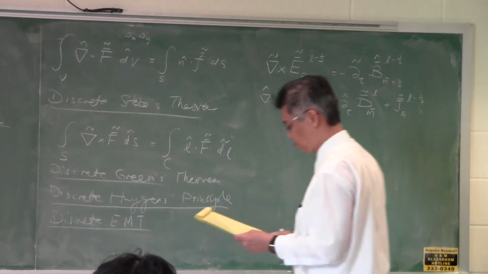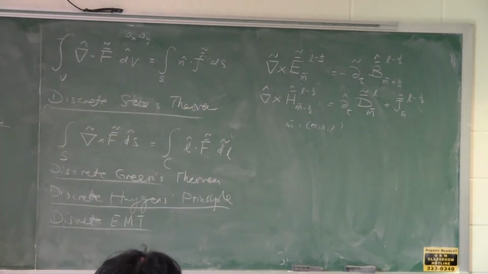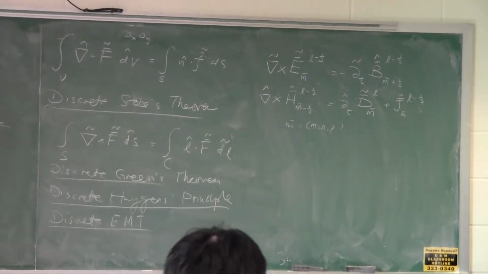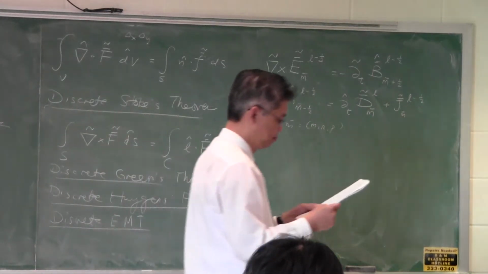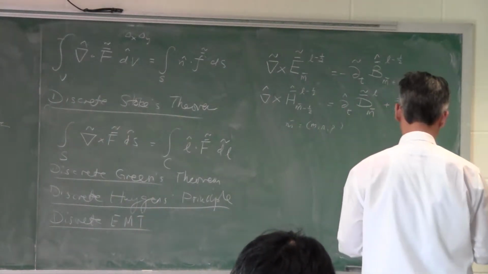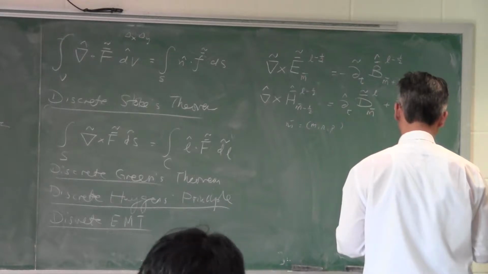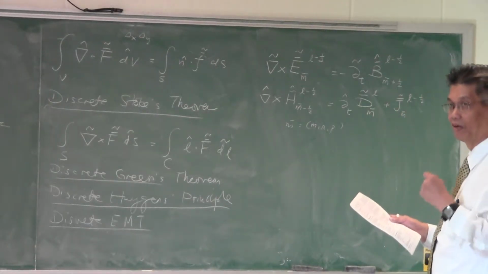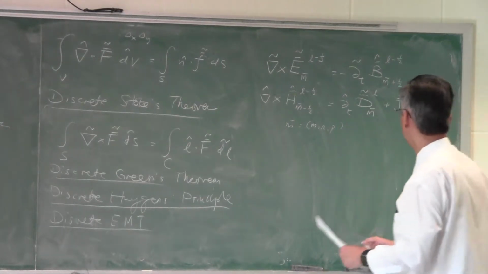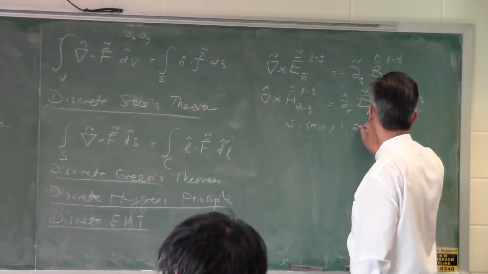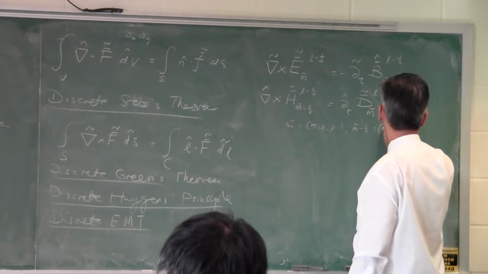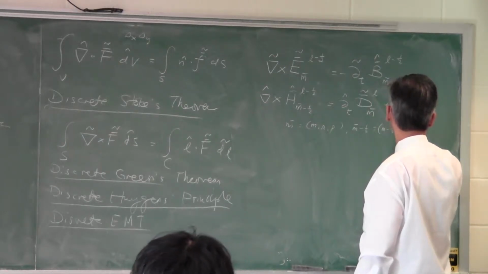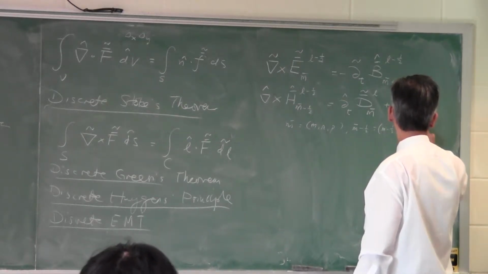And let me define what the M vector minus half stands for. It stands for M minus half, N minus half, and M minus half for every component of them. M minus half is equal to M minus half, N minus half, P minus half.